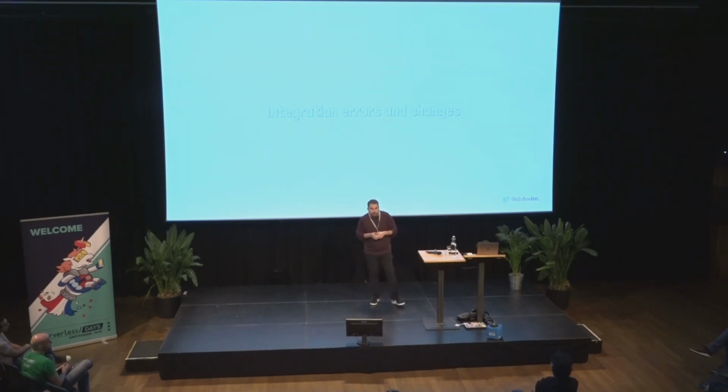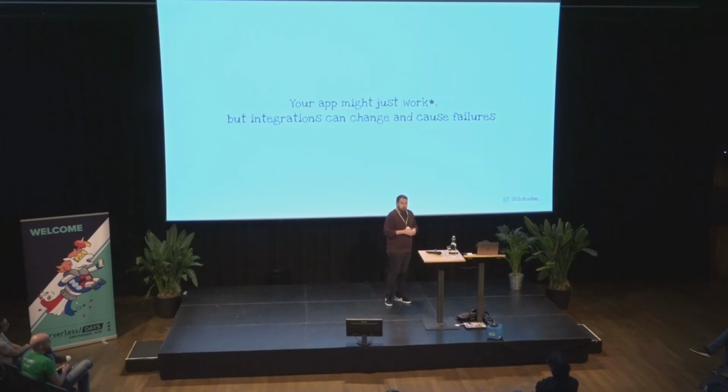But also, when you deploy your application, it's not done. Your application will just work, but there are many different things that can fail. For example, you can deploy your application that works with, let's say, the Google Drive API. And after 1 year, your application will still work, but maybe Google will change something without letting you know, or even with letting you know, but you didn't update your function.